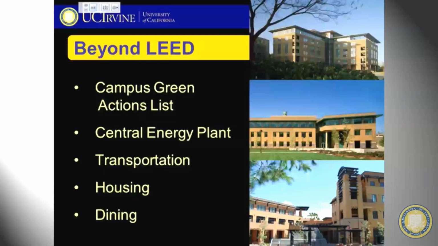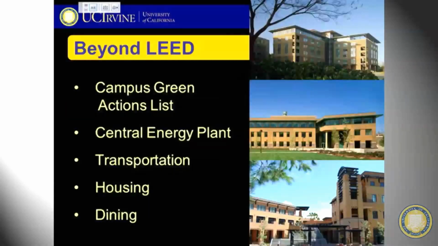Our central energy plant is very sustainable. It's one of the more sustainable ones in the western United States. We recently constructed a cogeneration plant. The cogen plant takes waste heat from the boilers and reuses it to provide additional energy. So it's basically recycling waste heat.